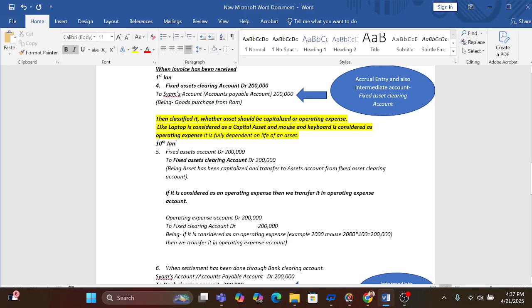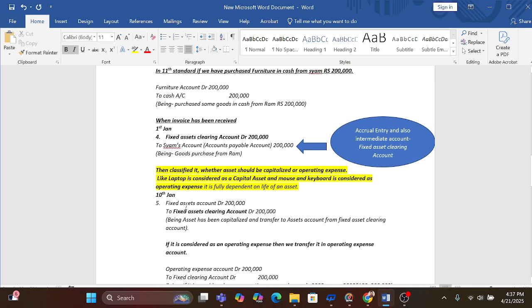Here I have given an example of whether an asset should be capitalized or treated as an operating expense. A laptop is considered a capital asset and a mouse is considered an operating expense. It fully depends on the life of an asset.